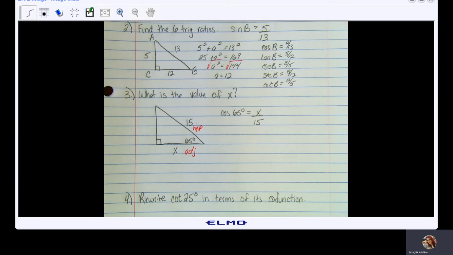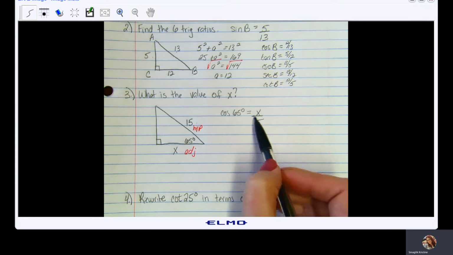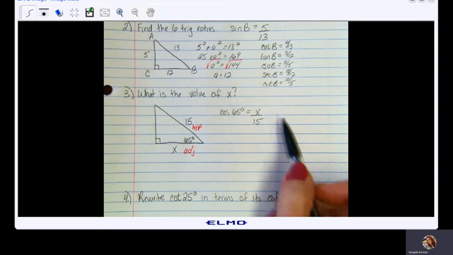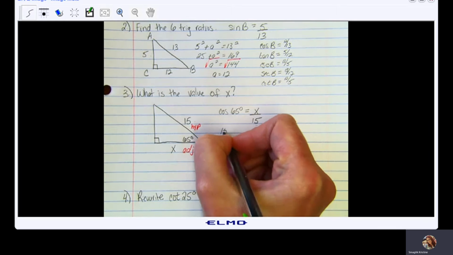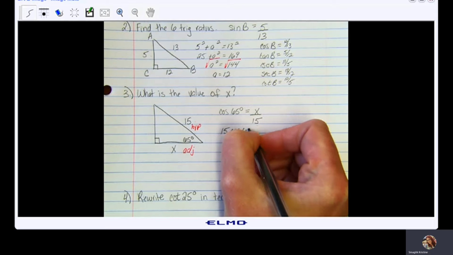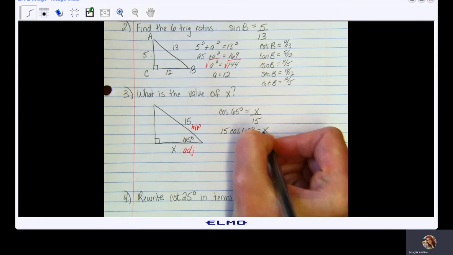And then I want to solve for x. So that fraction bar is division, which means we're dividing by 15. The opposite of division is multiplication. So let's multiply both sides. We're going to be left with 15 cosine of 65 degrees equals x.